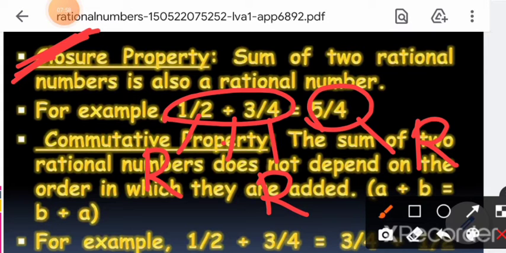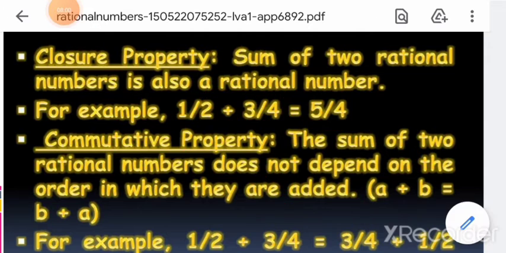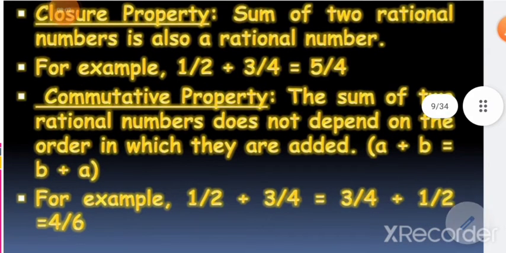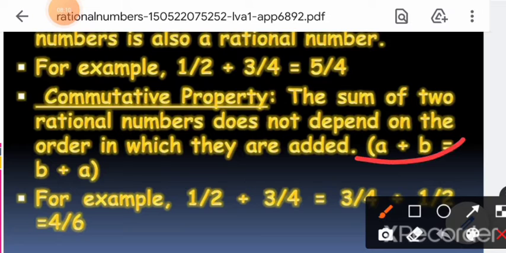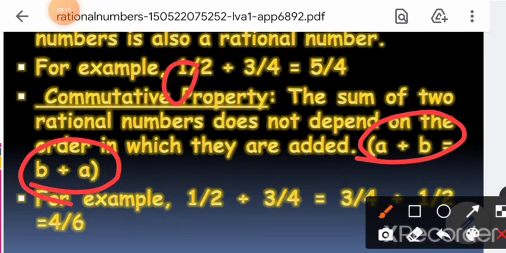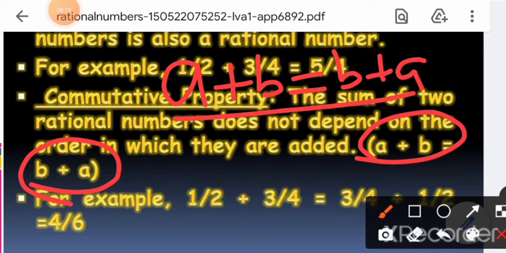Now the next property is the commutative property. The commutative property says that the sum of 2 rational numbers does not depend on the order in which they are added. Like a plus b is equal to b plus a.